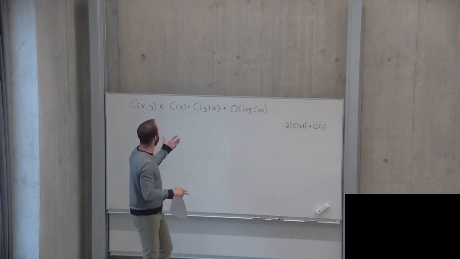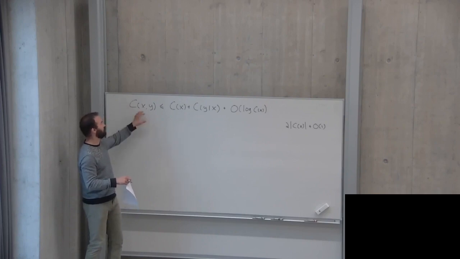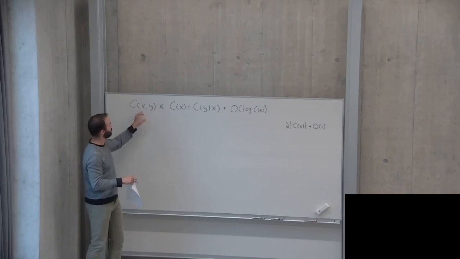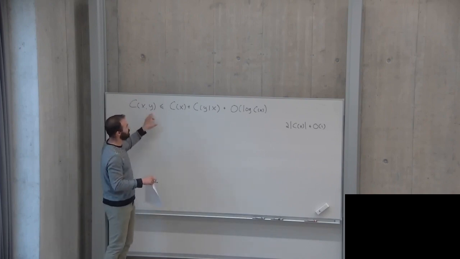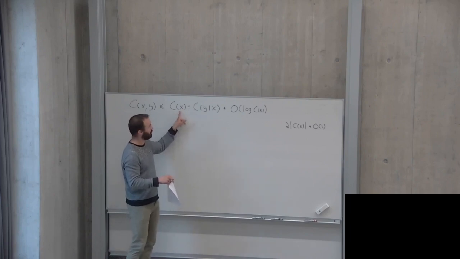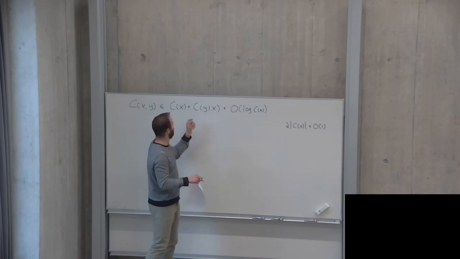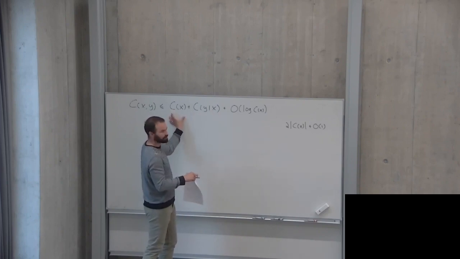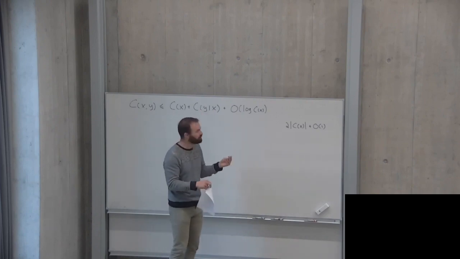And just to remind you the idea, how did we prove this? We're looking for an upper bound on the length of the shortest program which prints x and y. So we came up with one program to print x and y, which was involving the shortest program for x, x star, and the shortest program for y relative to x, that we called q. So x star had length C of x, and q had length C of y given x, by the way we defined q.